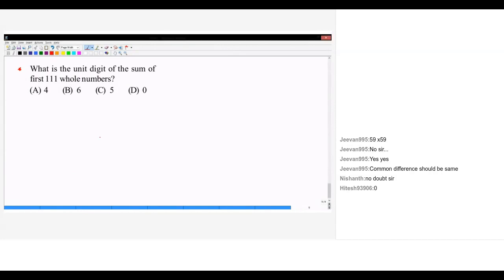So he's asking you, 1 plus 0 also you take it. So 110 terms means up to 110 only. Up to 110 means 110 into 111 by 2. So 5 into 1 ends with 5.